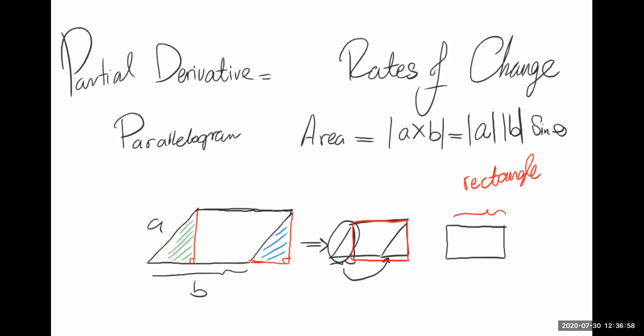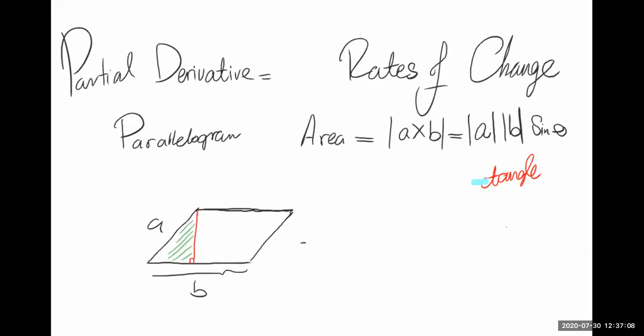And I know how to compute that. So the area of this thing is equal to the area of the rectangle, which is formed by moving this green triangle here.